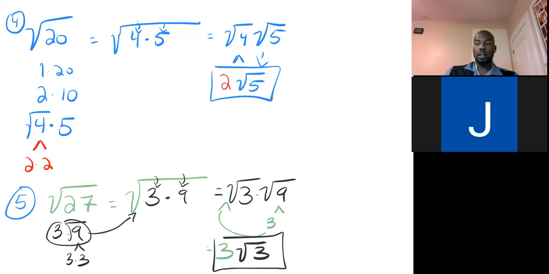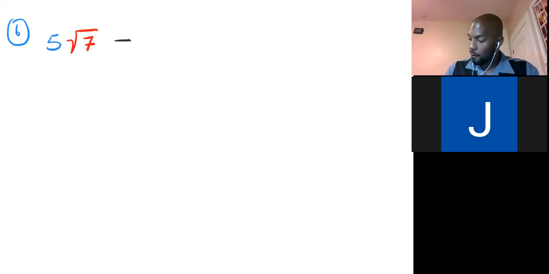And there we go. Let's now try some different types of simplifying. Let's say I had a subtraction problem like number 6, and I had 5 rad 7 minus 4 rad 2 plus 3 rad 7.